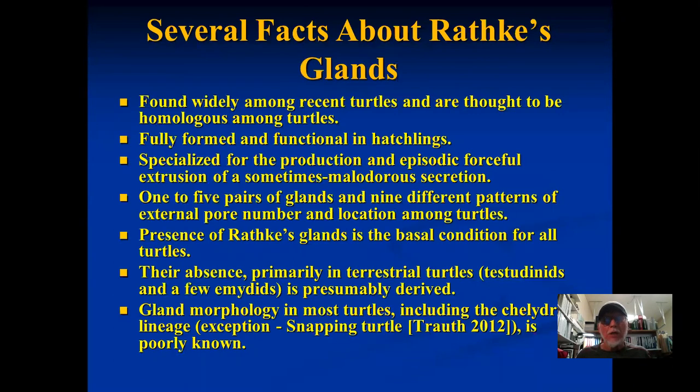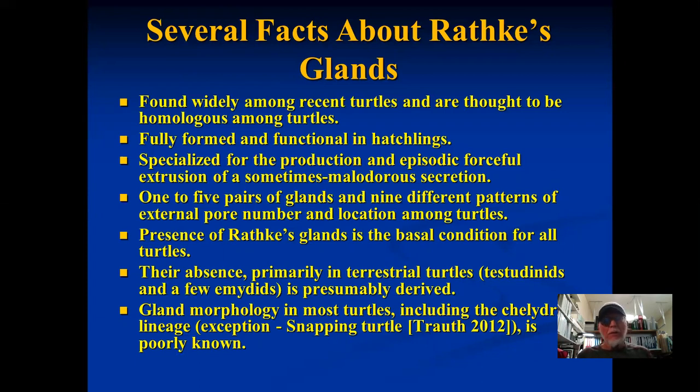They're specialized for the production and episodic forceful extrusion of a smelly substance or secretion. 1 to 5 pairs of glands will occur, and there are 9 different patterns of external pore numbers and locations among turtles themselves. The presence of Rathke's glands is thought to be a basal condition for all turtles.